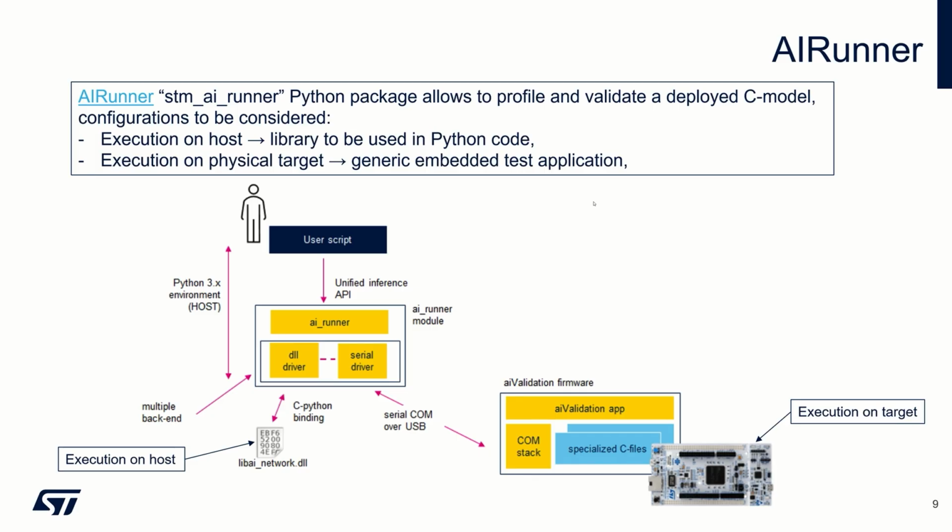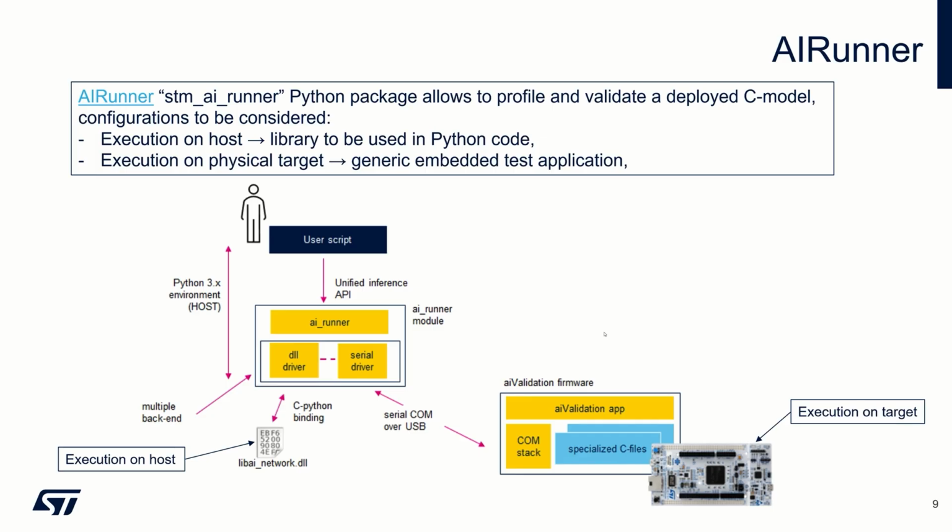And there are two configurations. The model can be executed on the host, so we have the highest possible accuracy, and the model can be executed on the target hardware thanks to the AI validation firmware uploaded to the board.